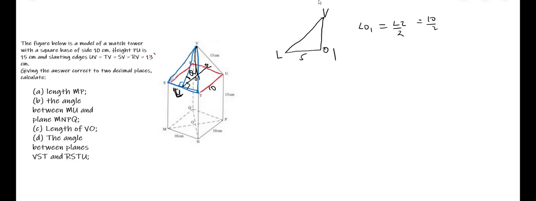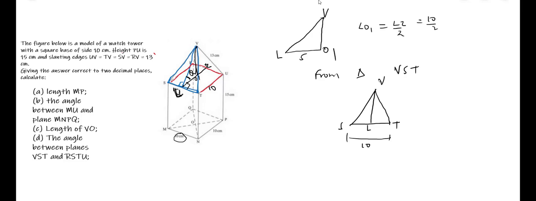So we first find LV using triangle VST. This is where we have VL. Also, ST is 10, because it's equal to MN.